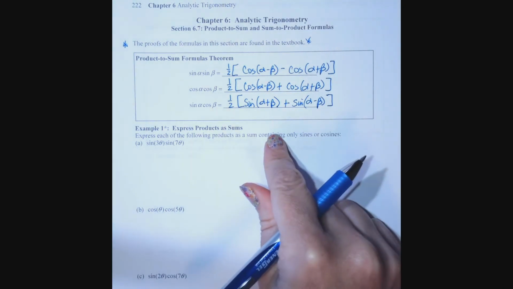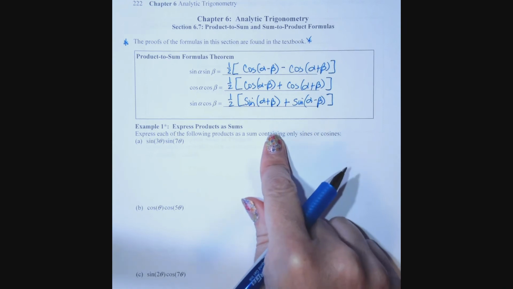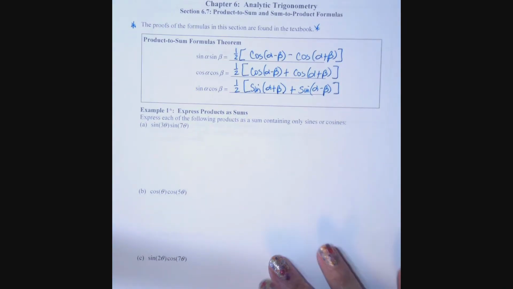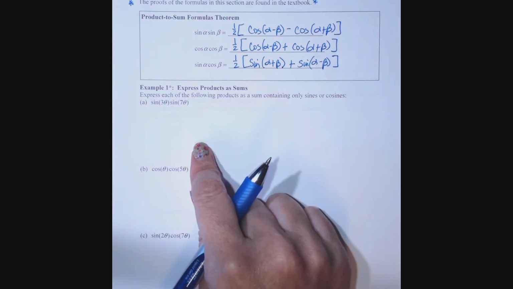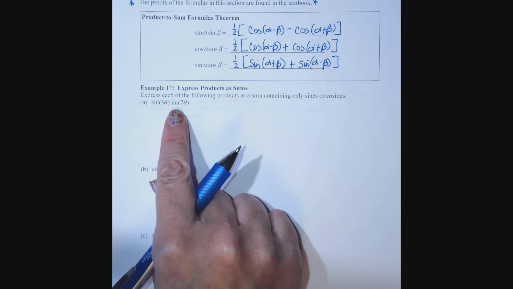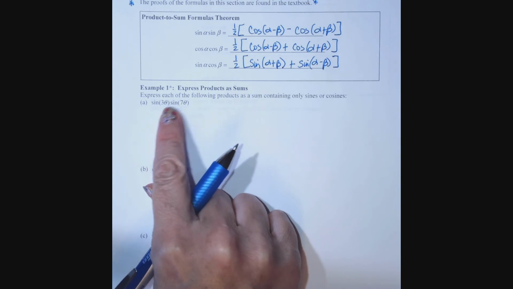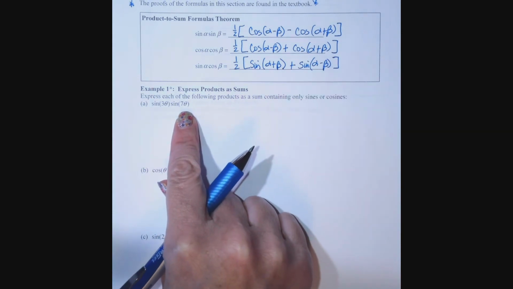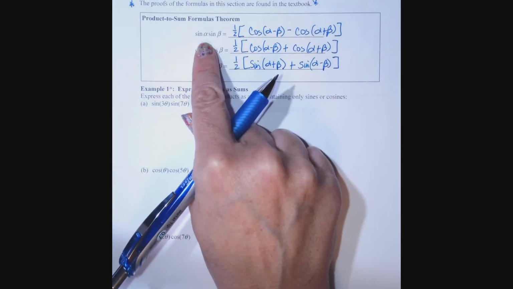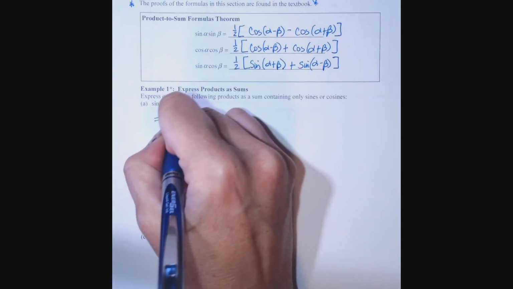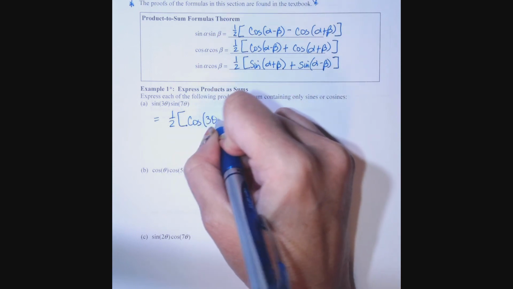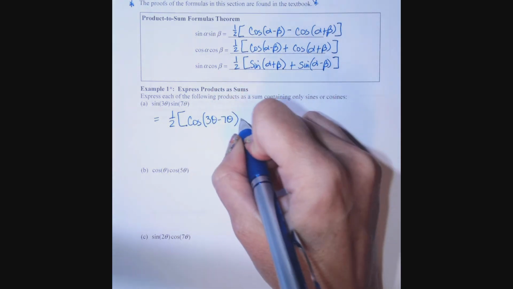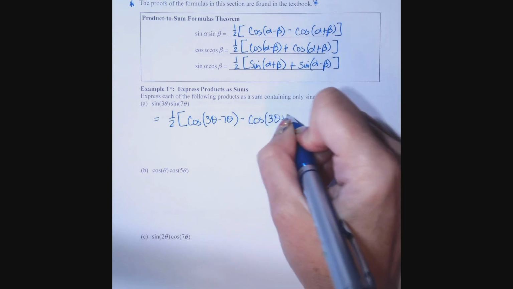One last time, you do not have to memorize all of this. You will have it to look back on to make sure you get all the little pieces correct. What's important is that you know how to use them. I'm given sine of 3 theta times sine of 7 theta. So this is sine alpha, sine beta, where alpha is 3 theta and beta is 7 theta. I'm going to express that using this first identity. So I have 1/2 times cosine of the difference, 3 theta minus 7 theta, minus cosine of the sum.